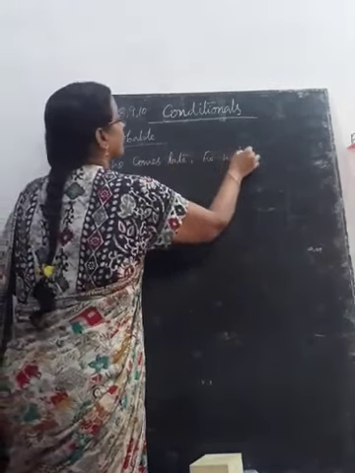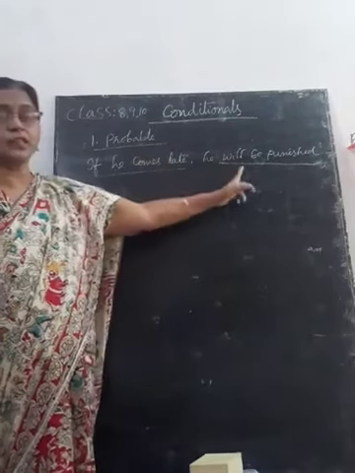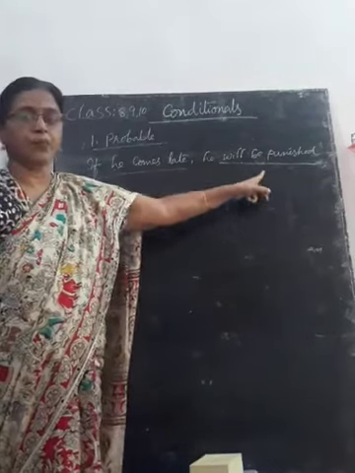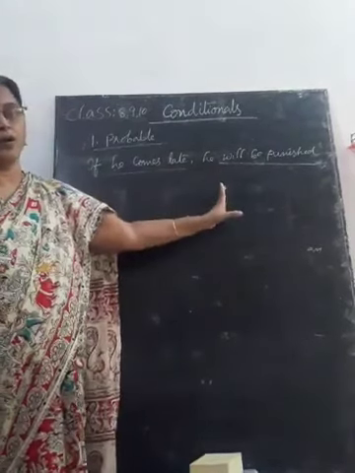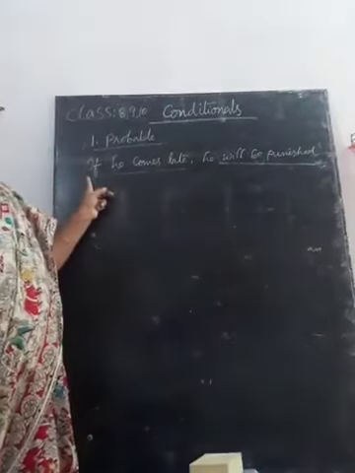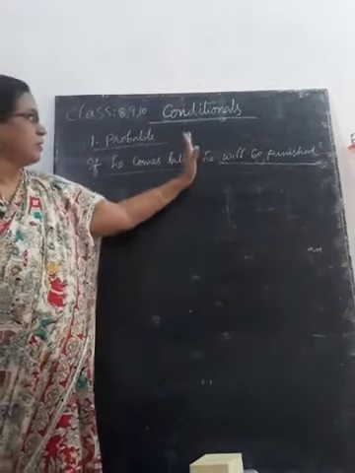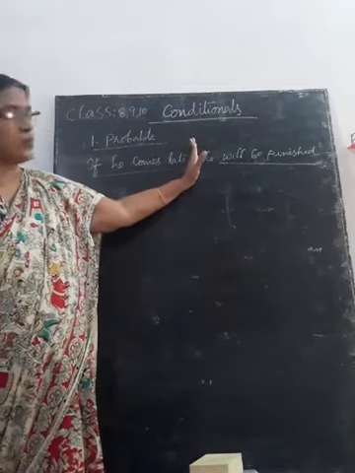If we begin the sentence with the if part, we put a comma. If we begin the sentence with the main part, there is no need of a comma. For example, he will be punished if he comes late.